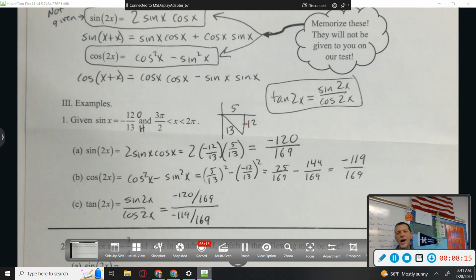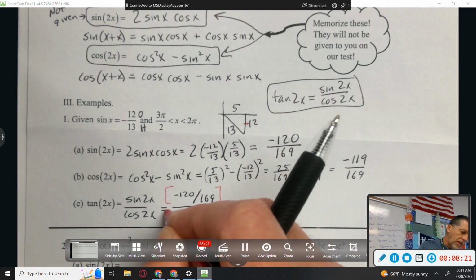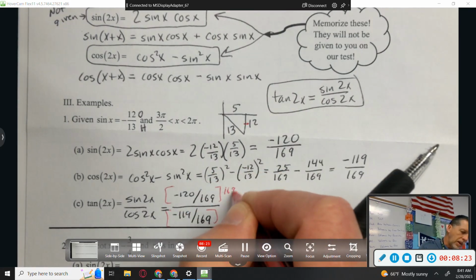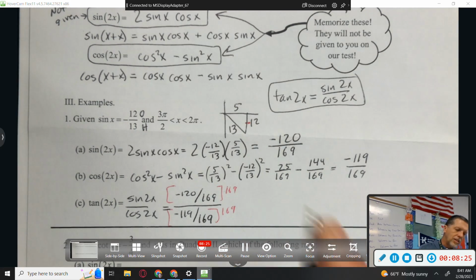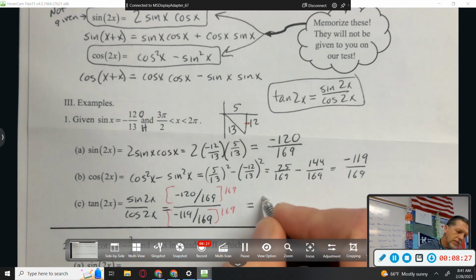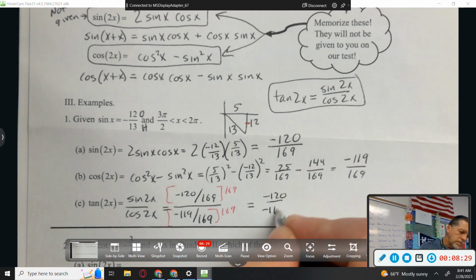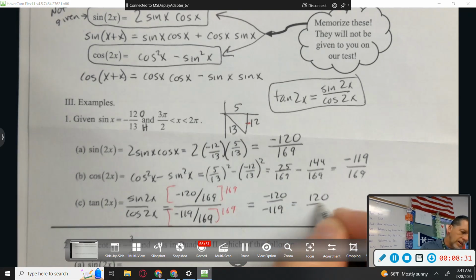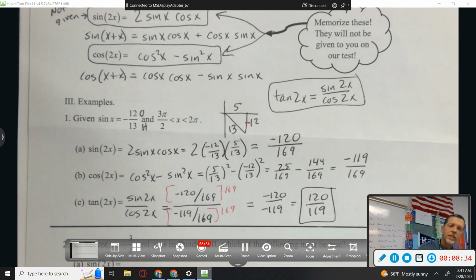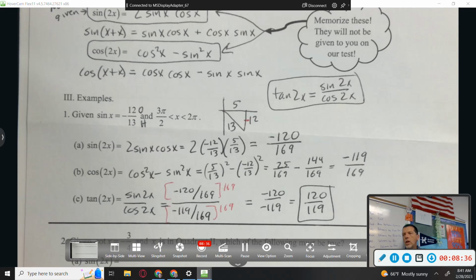Hopefully some of you know how it simplifies from there, what to cross out. Others of you might want to do what we did earlier with fractions, and that is multiply the top and the bottom by 169 to force them to cancel. And there's our answer, 120 over 119.